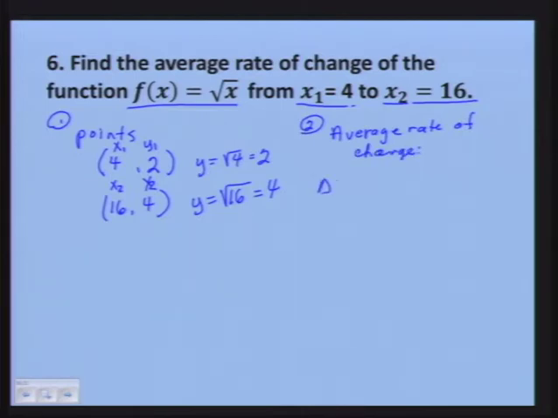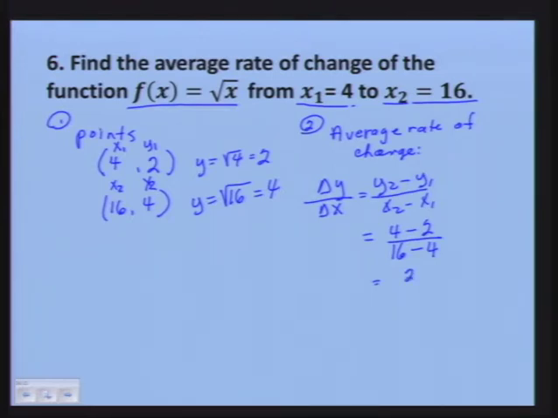Which is going to be the change in y divided by the change in x, or our familiar slope formula. So we get y sub 2, which is 4, minus y sub 1, which is 2, divided by x sub 2, which is 16, minus x sub 1, which is 4.